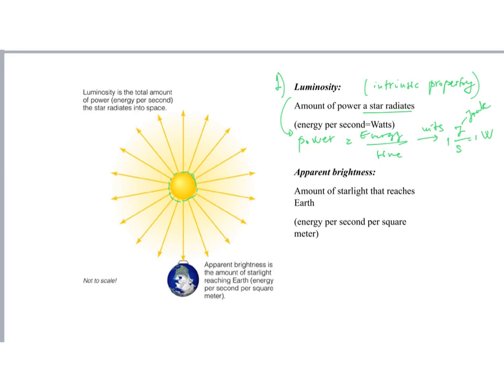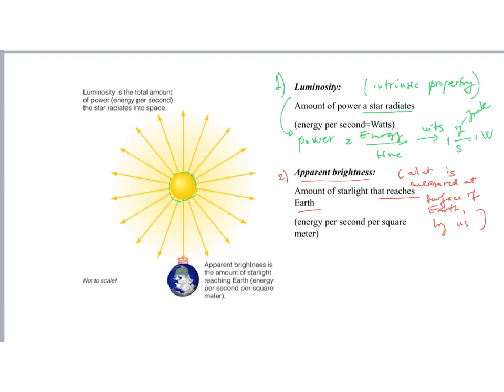The other one is the apparent brightness, that is, what is measured, what reaches the Earth, what is measured at the surface of Earth by us because we live on the surface of the Earth.